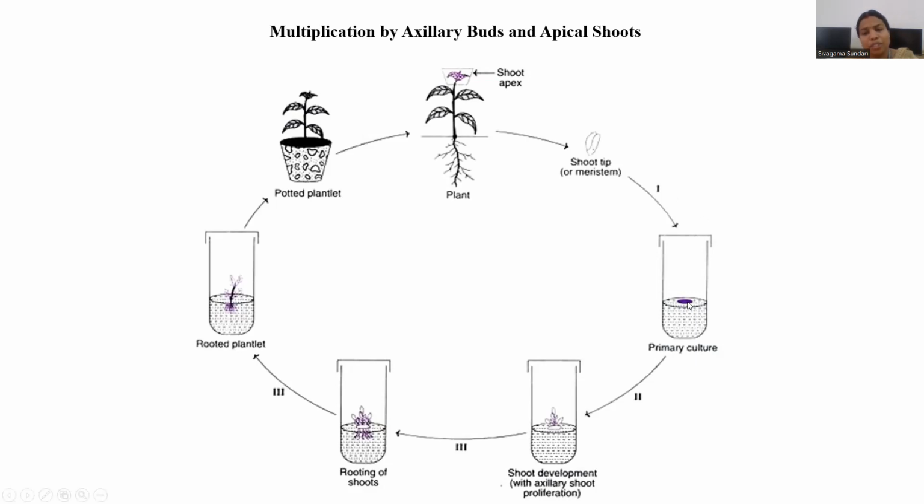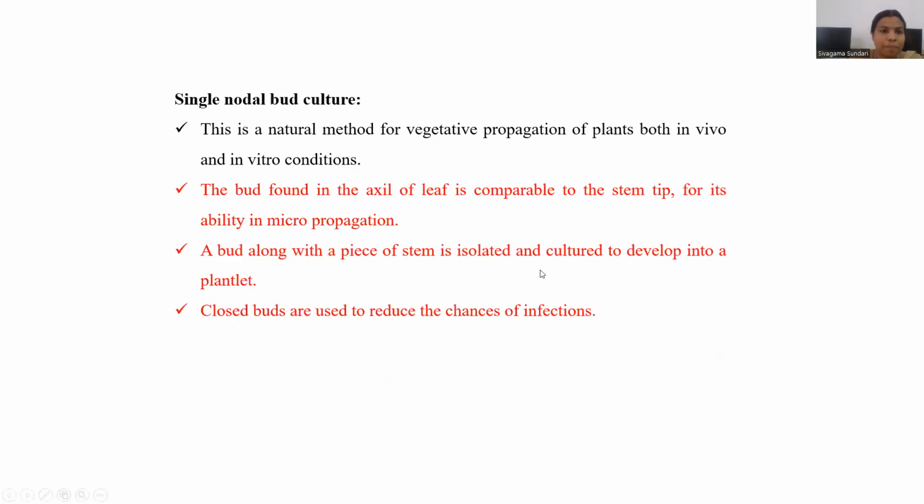So stage 1, you are inoculating. Stage 2, shooting will be there. With plant hormones, high cytokinin content and low auxin level will promote the shoot. Low cytokinin, high auxin content will promote the root. Then you have to go for hardening the plant. So this technique of micropropagation uses axillary buds or apical shoot as your explant.